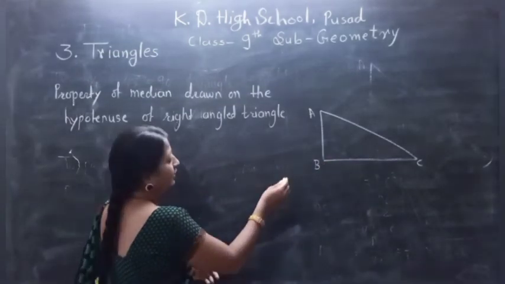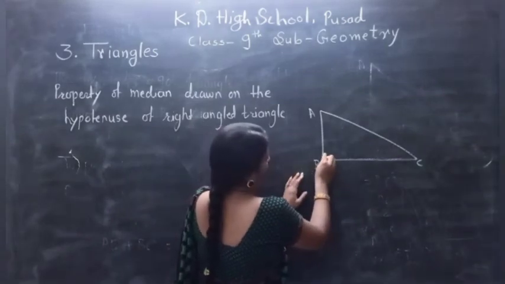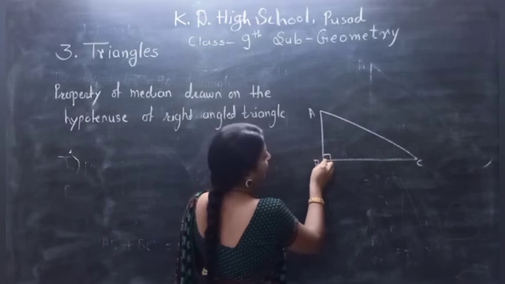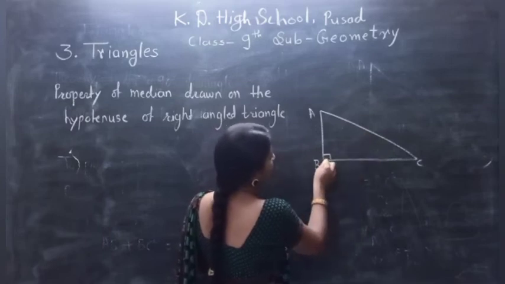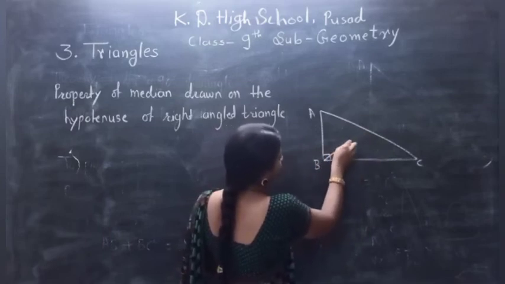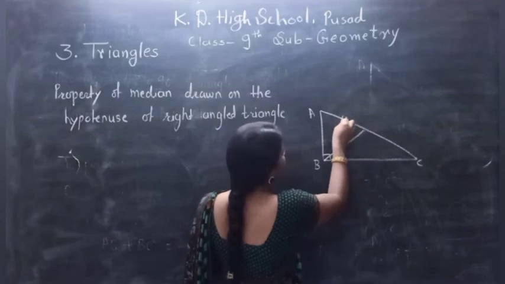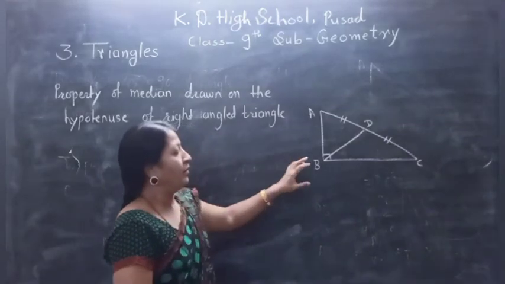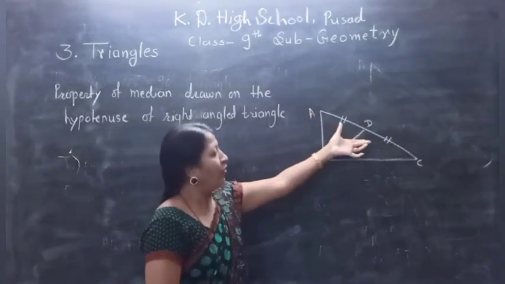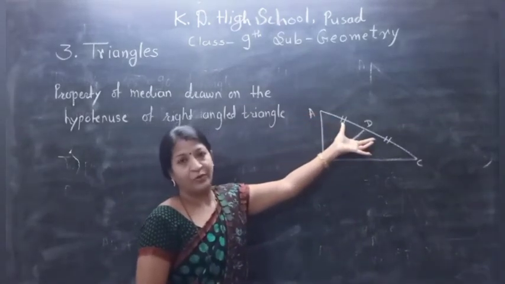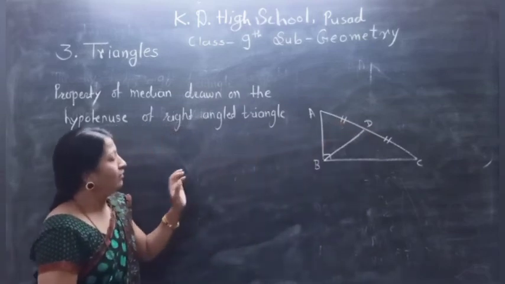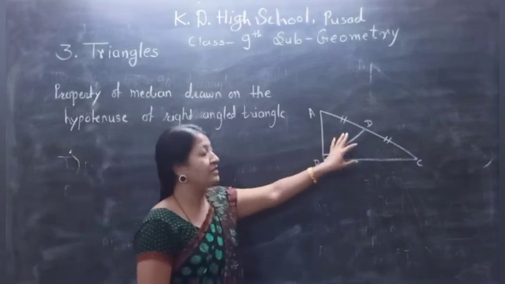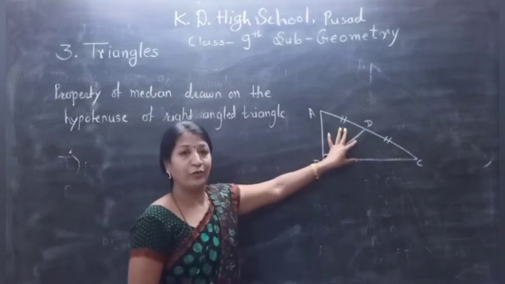For example, if we draw the median from point B to the opposite side, it touches the midpoint of segment AC like this. BD is the median on the segment AC. Okay. Now we have to study the property related to the median.